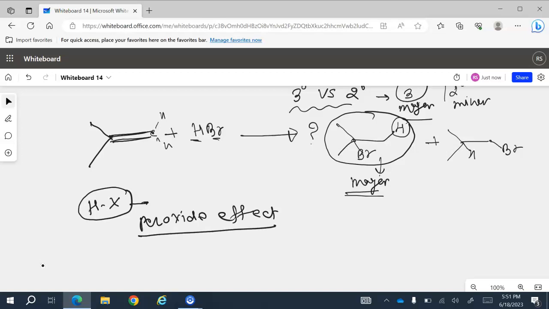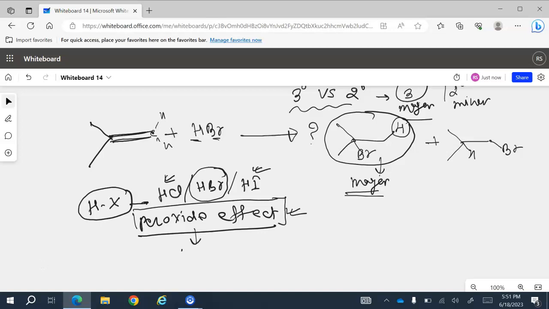When we discuss hydrogen halides, HCl, HBr, and HI are the three mainly discussed. For HCl and HI, Markovnikov rule is always applied. However, for HBr in the presence of certain types of peroxide, that is why it is called the peroxide effect. So please remember that, a very important point.